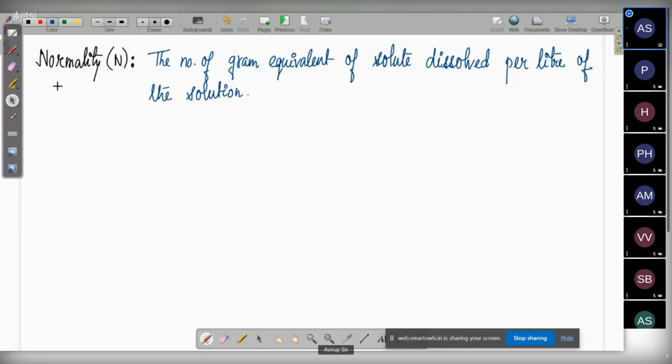But more than the definition, we are interested in the formula of normality.